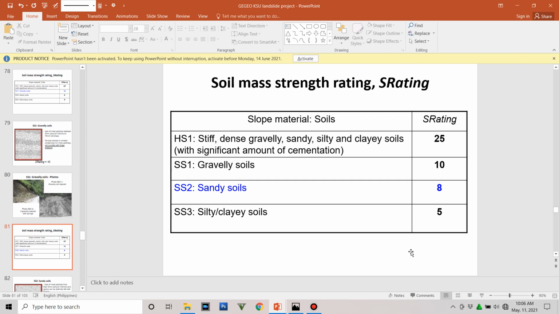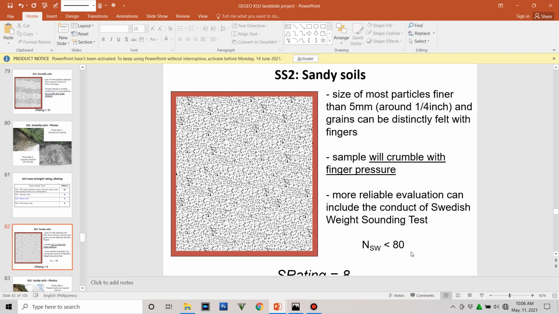For sandy soils, mas mababa siya sa gravelly soils by 2 points. So the size of most particles is finer. Okay? So maliit siya sa 5 millimeters, and the grains can be distinctly felt by fingers. So sample will crumble with finger pressure. So paano mo malalaman?